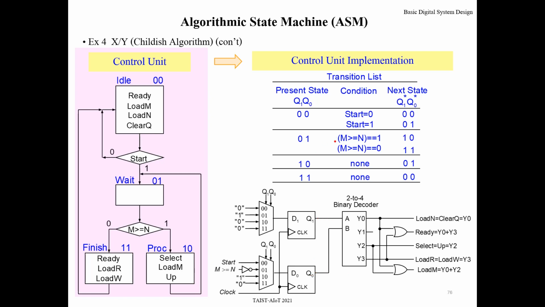For example, the output ready will be active at state idle and finish, or when Q1 Q0 is 0 0 or 1 1. When Q1 Q0 is 0 0, Y0 is active, or when Q1 Q0 is 1 1, Y3 is active. So you combine these two cases together by using an OR gate.